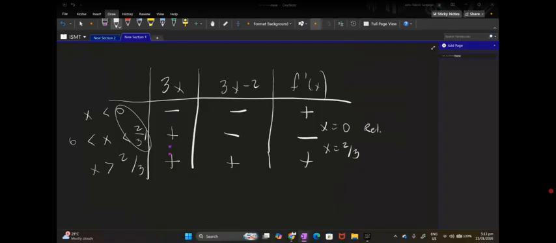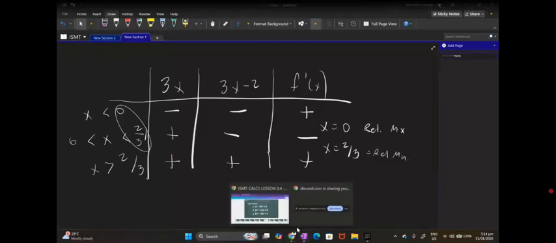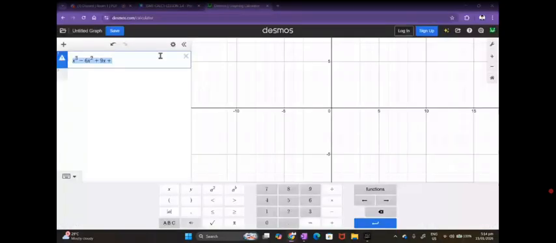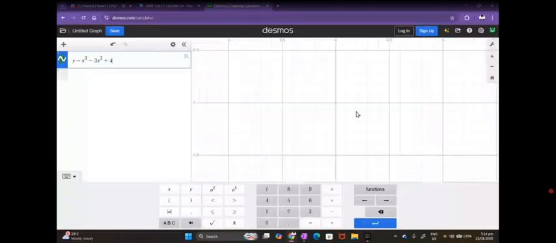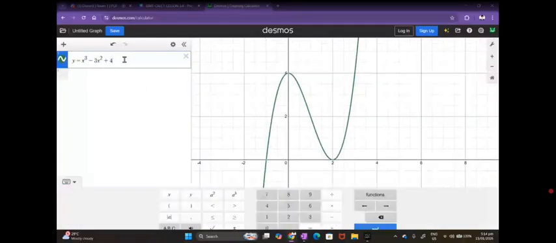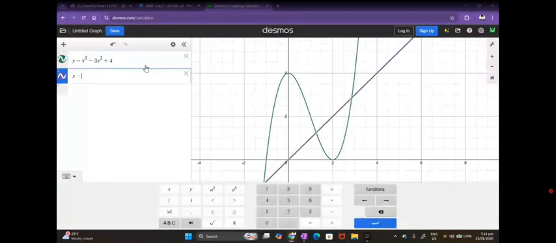relative maximum. Diba? And ito naman, relative minimum. Gets? So, pag chinek natin siya sa function dito, y is equal to, ayan. When we look here, pagdating sa x is equal to 0, ayan, di ba?